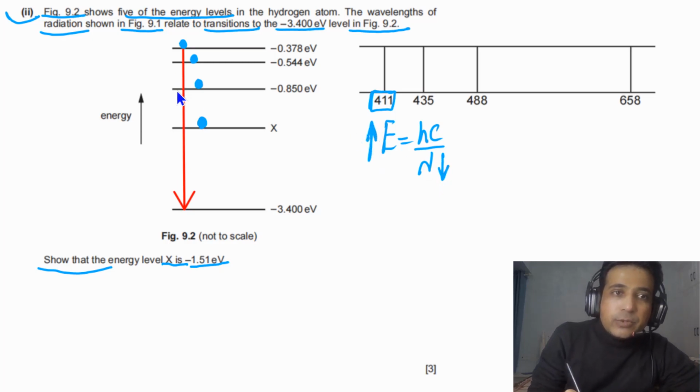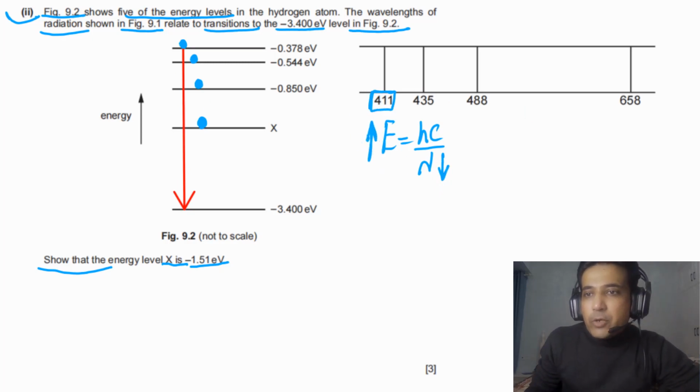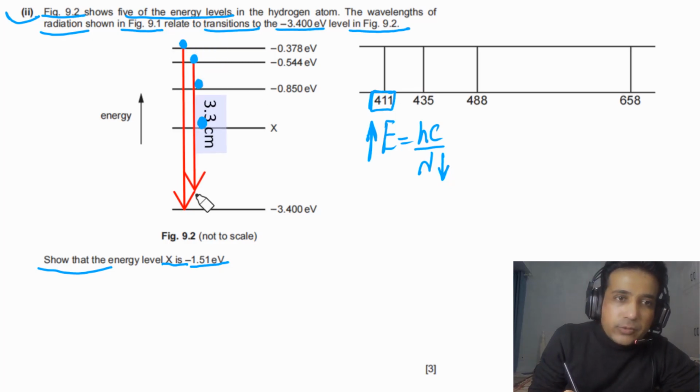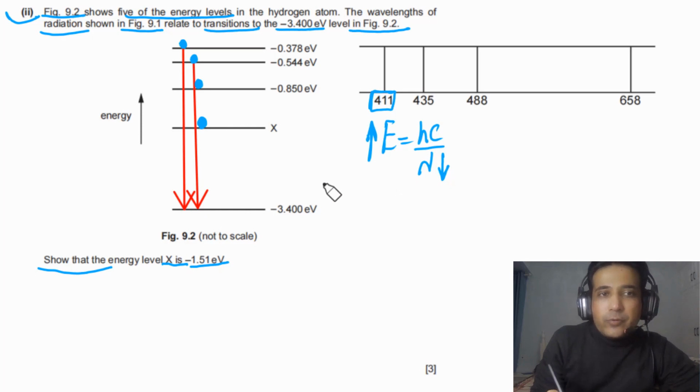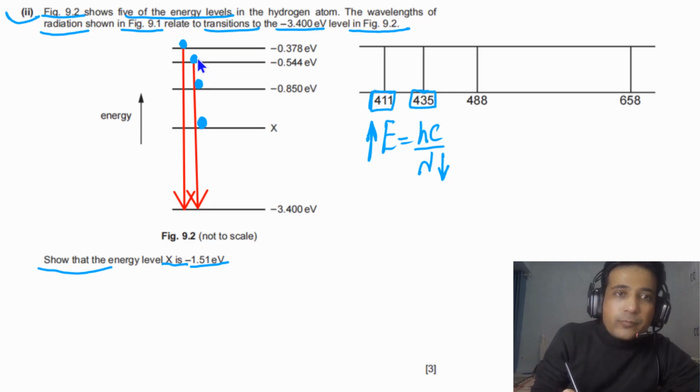So this is representing this photon. Now the second electron, when it jumps to this energy level, emits another photon, represented by this. So this will be the wavelength of the photon emitted when the electron jumps from this energy level to the lowest energy level in this diagram.